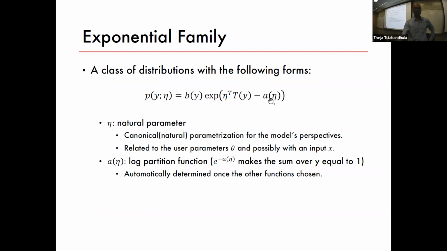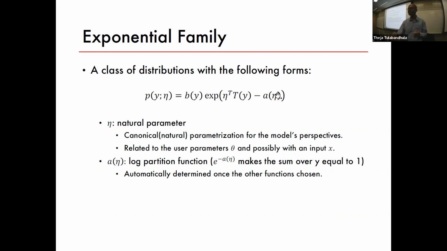A of eta is called the log partition function. It is there to ensure that this is a distribution. If it's a continuous distribution, then integrating over the values the random variable takes should equal 1. If it's discrete, then summing over all the values the random variable can take should give 1.